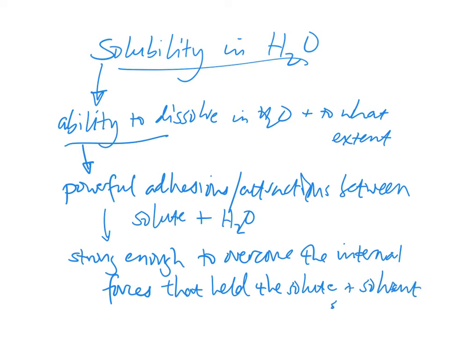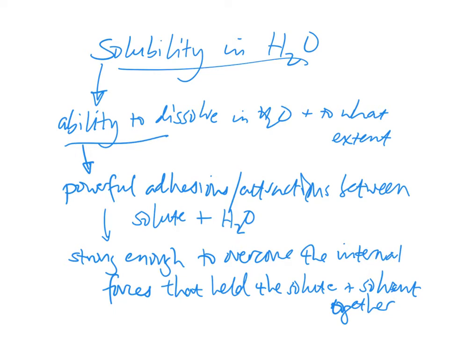So once we establish that idea that they have to be really strong, it's certainly quite true that we get a spectrum of that process. So sometimes something has pretty weak forces holding it together, but pretty strong attractions for the solvent, and it dissolves completely. Think about something like table salt. You can put quite a bit of table salt into water and it dissolves. Quite a bit of sugar into water and it will dissolve.